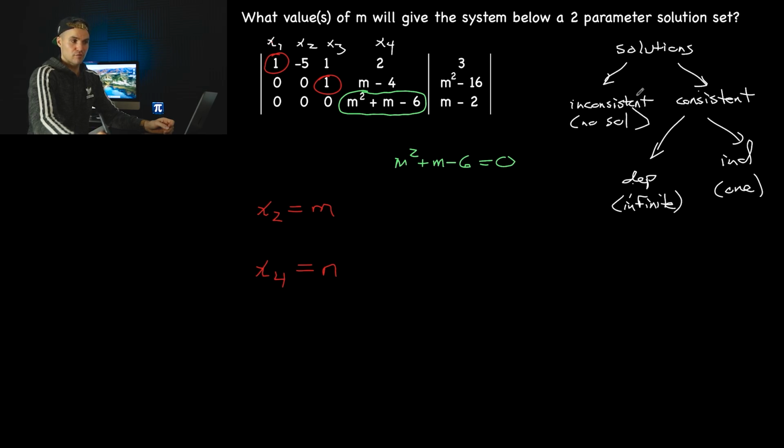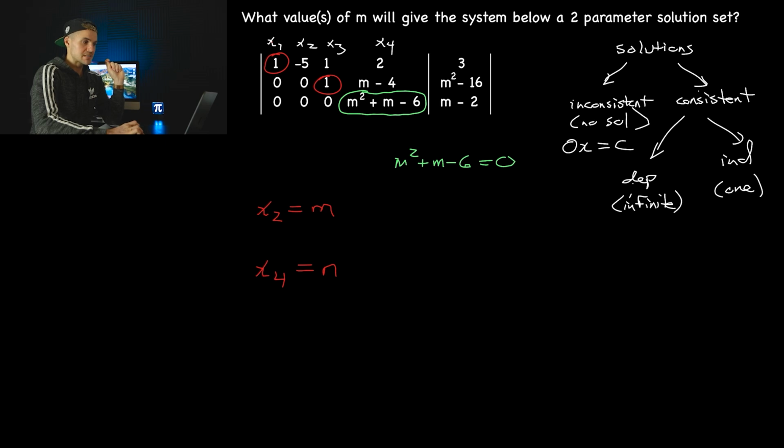And this is what I want to focus on here, because when do we get an inconsistent solution in a matrix? Well, it's whenever we have 0 on the left side of the equation equal to some kind of other constant other than 0.